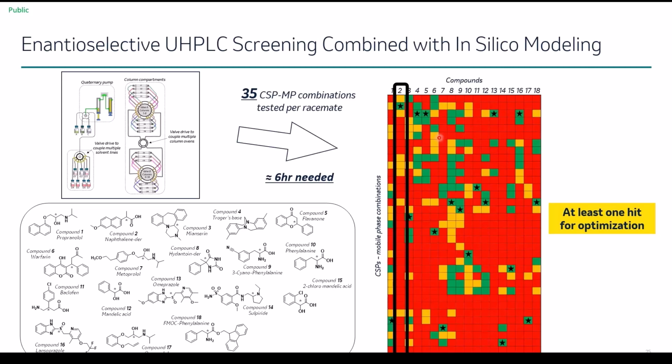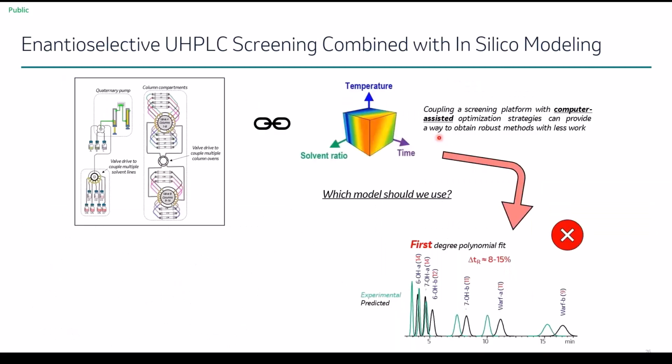Now, what we have done was to, again, translate the best picks that came from our screening stage, and we wanted to obtain a final method by introducing, even for chiral separations, the use of the LC simulator tool.